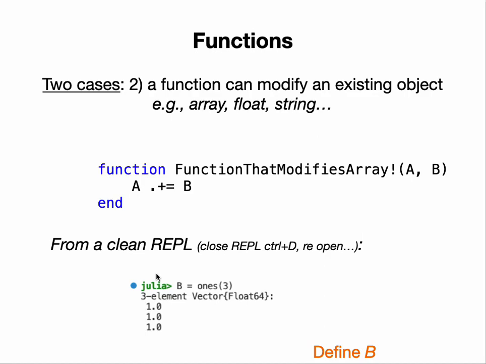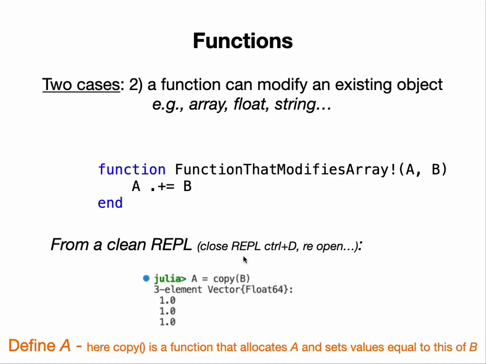So let's start with defining B. For now we're starting from a clean REPL. If you have an open REPL, you can close it by typing Ctrl D, and then you can reopen it. Then you're sure there will be nothing in the memory. So first step, you want to define B. So B equal 1 or 3 again.